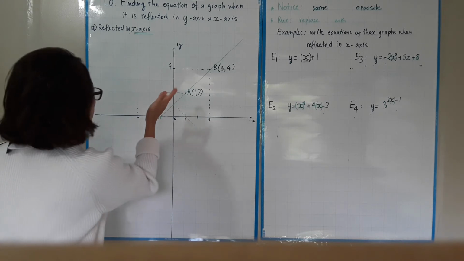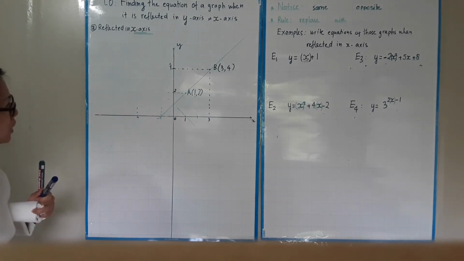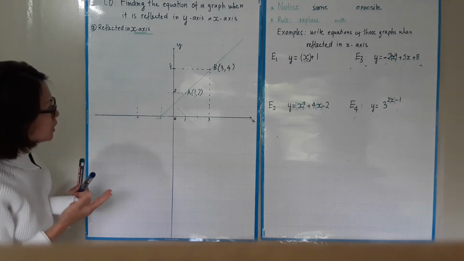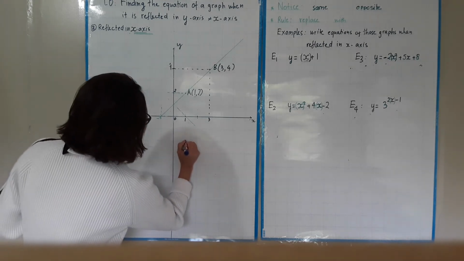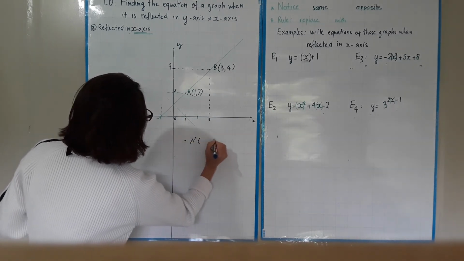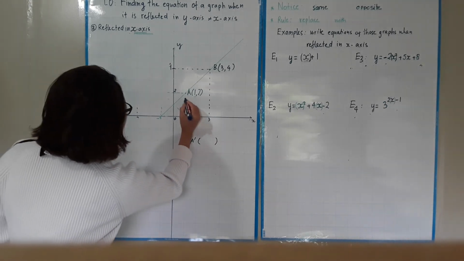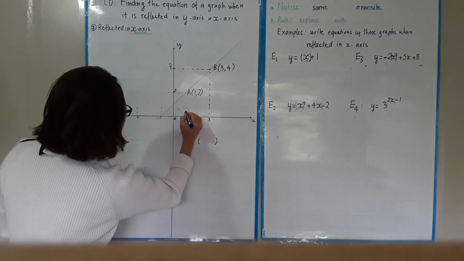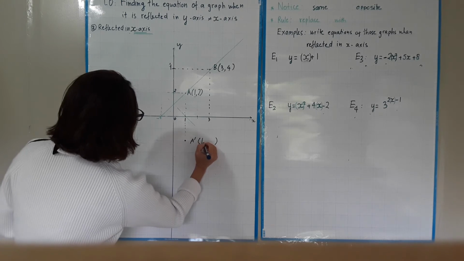So there's a point A has coordinates 1 and 2. The image of A in x will be A dash, is here. So what is coordinates of A dash? At first, you see that it has same value of x, which is 1.